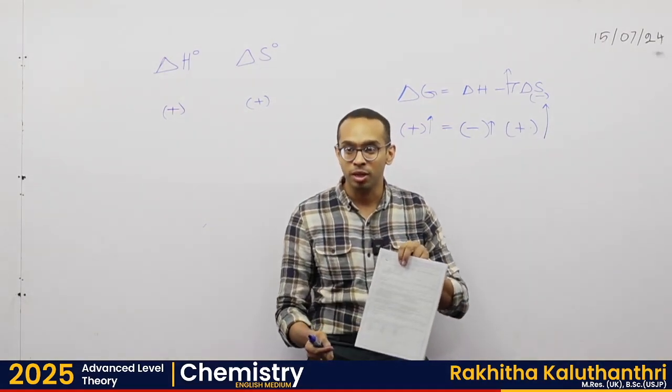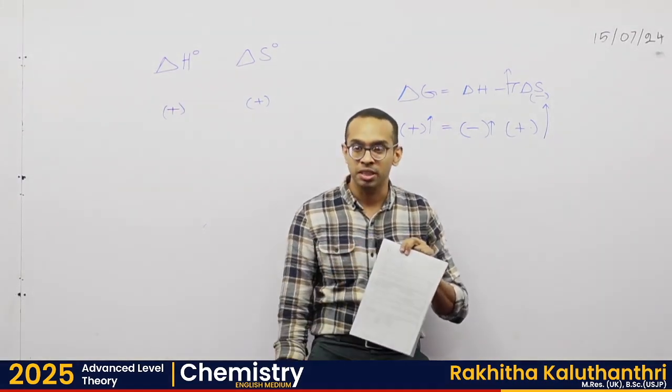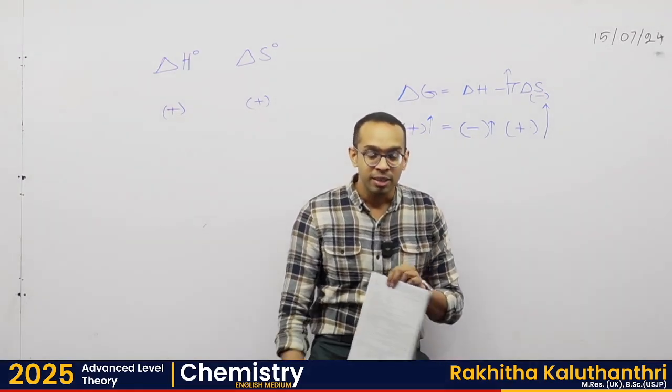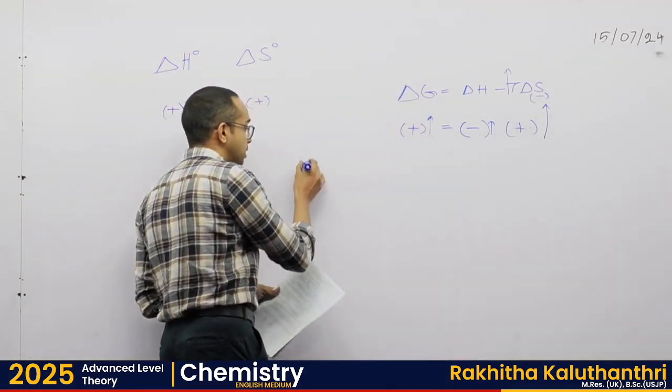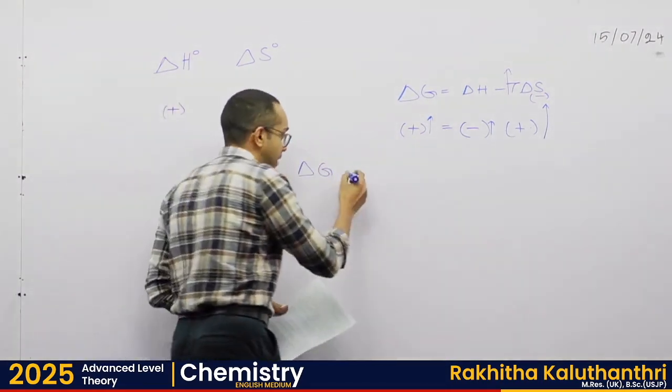So what is it that you can do here? You know the temperature, you know the Gibbs free energy, you don't know delta H, you don't know delta S. So you write this equation. You can write two expressions. You can do the math here in your head, to be honest, but we'll write it.